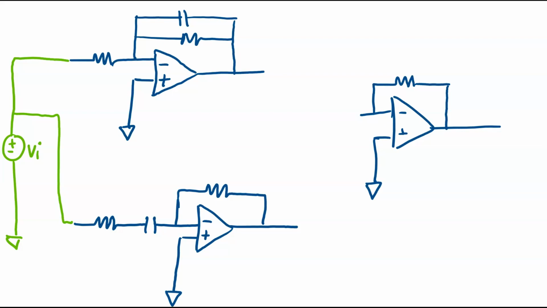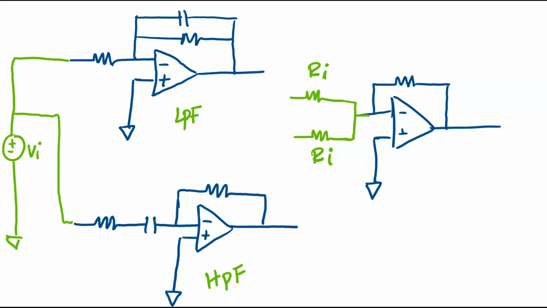How does the configuration of a summing amplifier look? The summing amplifier has two input resistors connected to the inverting terminal of the summing amplifier, and then each output of my low pass filter and high pass filter needs to be connected to one of these input resistors, which I'm showing by RI.